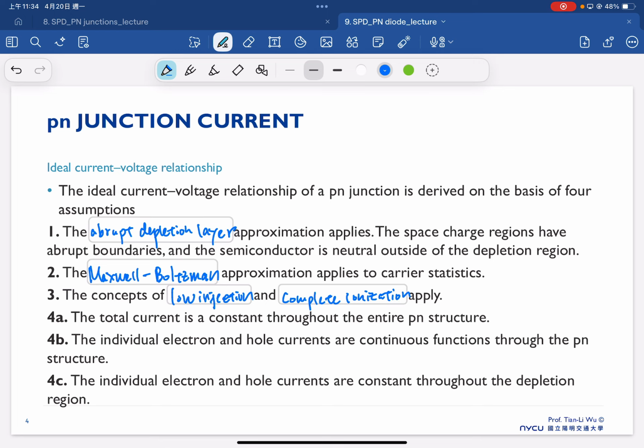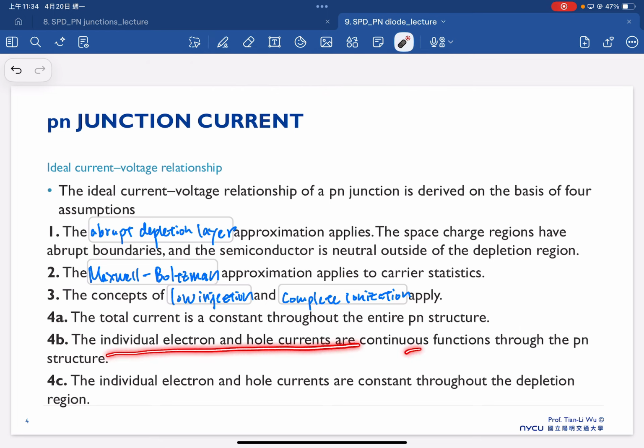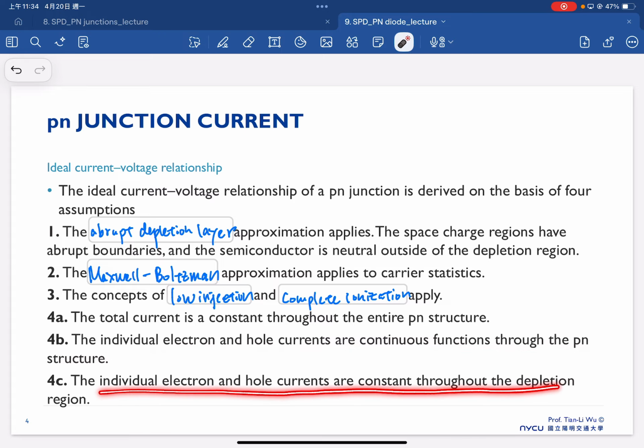And the total current is constant throughout the whole system. The individual electron and hole currents are continuous functions through the PN structure. The individual electron and hole currents are constant through the depletion region.